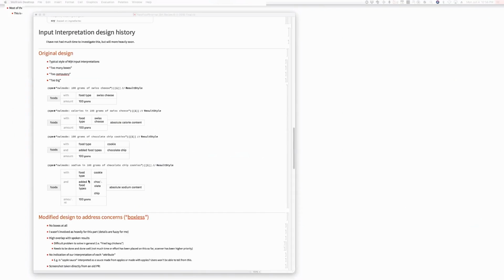Okay, so let's take a look up here. Now, what good does it do us to have this foods identifier here?